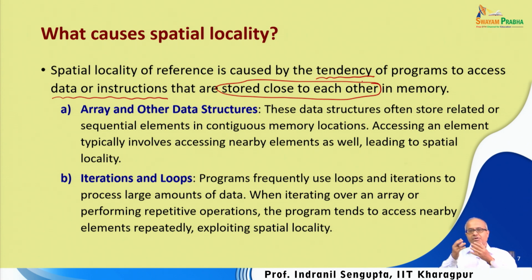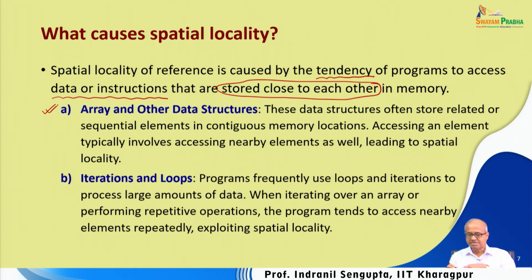Here again, similar kinds of properties in the program may result in spatial locality. First, of course, you are using arrays or data structures and accessing the elements of the arrays one by one, as I have said just now. So, when you are accessing the elements of the array one by one, you are exhibiting spatial locality. You are accessing x0, then x1, then x2, then x3 like that.